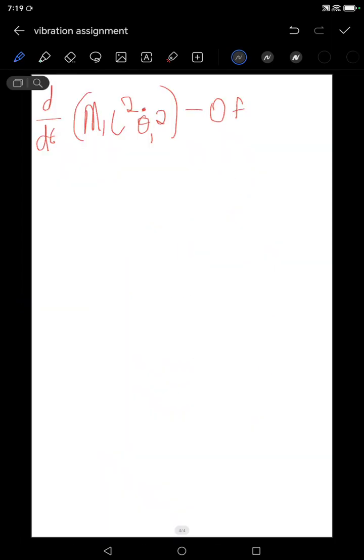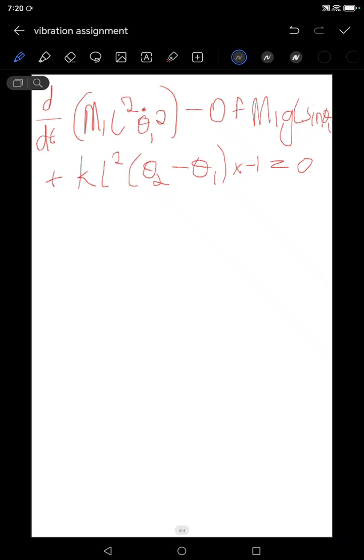We said this one's going to be 0 plus m1 gl sine of theta 1, plus kl squared into theta 2 minus theta 1 multiplied by negative 1. The derivative of negative theta 1 is negative 1. Therefore, we're going to continue, or equals to 0.